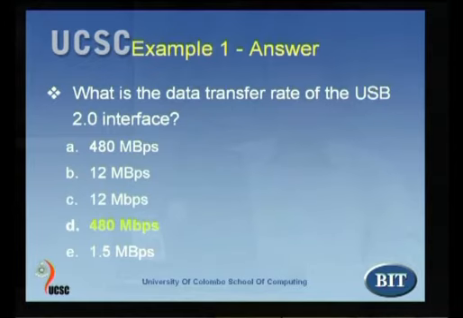If students look carefully, USB 1.1 is about 1.5 megabytes per second, when the USB 2 interface is basically 40 times faster. So students should be able to relate that, and then they should come up with the answer of 60 megabytes per second. But since that answer is not here, if they multiply it by 8 to make it bits, then we get the answer 480 megabits per second.